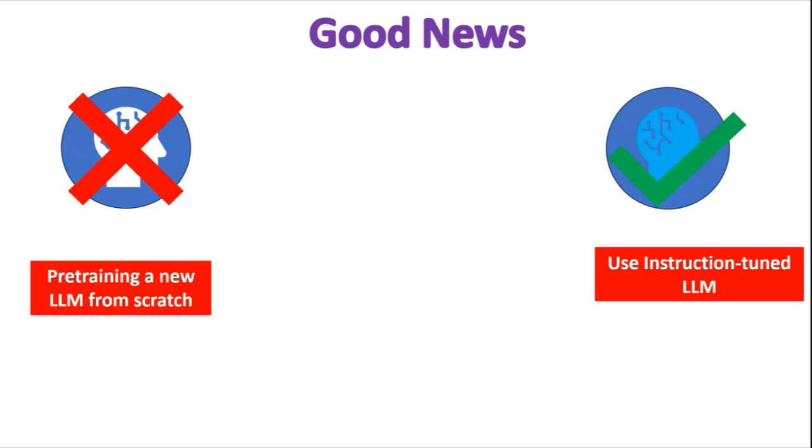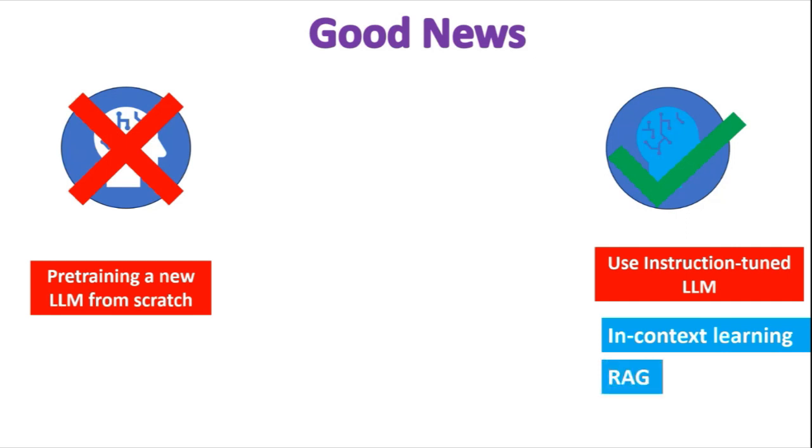There are various techniques and approaches when working with an instruction-tuned model, such as in-context learning. Options like one-shot, few-shot, and chain of thought techniques can be utilized for in-context learning. Another technique is called retrieval augmented generation, RAG. Using this technique, you can incorporate your domain specific data and develop domain specific use cases.